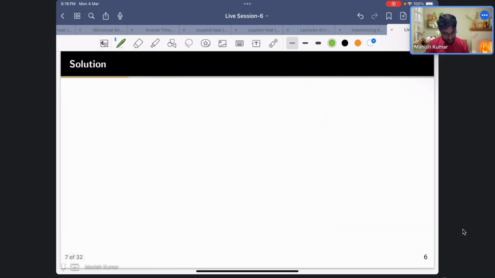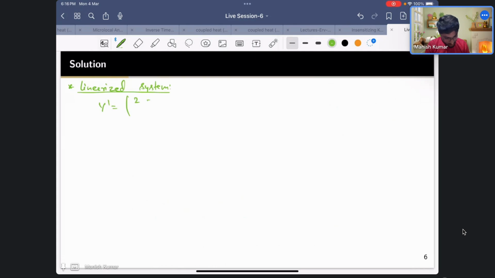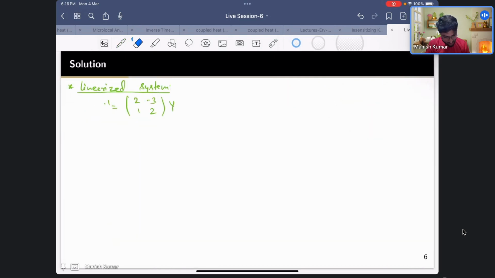So the linearized linear system is y prime equal to 2, minus 3, 1, 2 times y. Okay, now look at the eigenvalues for this matrix.